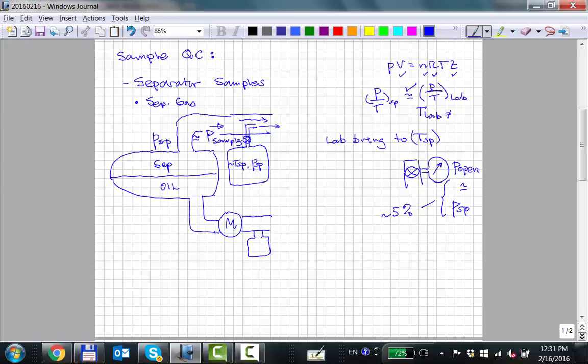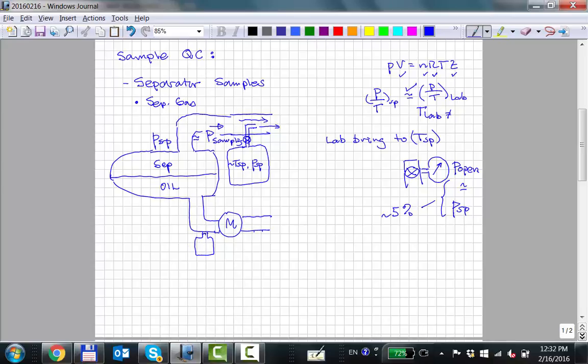But if it's downstream, it won't be the pressure of the separator, it will be the pressure of the line. Yeah, that's probably true, if there's some pressure difference between these. I'm not going to bet any money on this one, but I'll go with you. Let's just say that it's taken upstream of the meter. It's probably right.